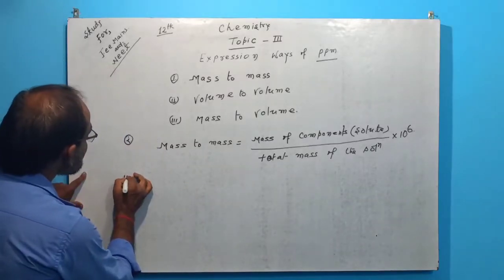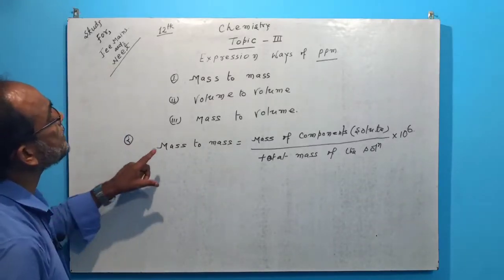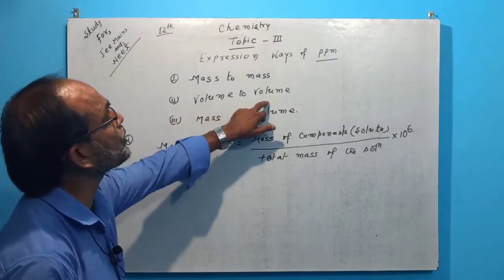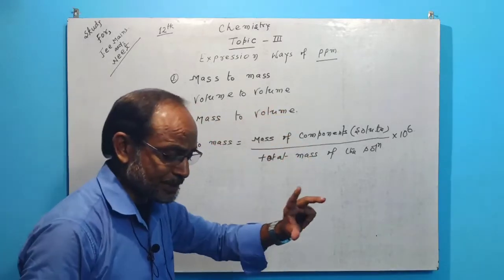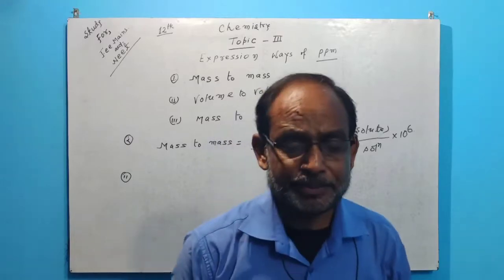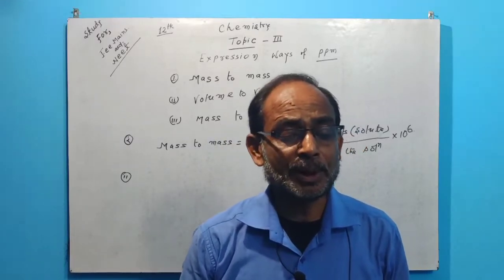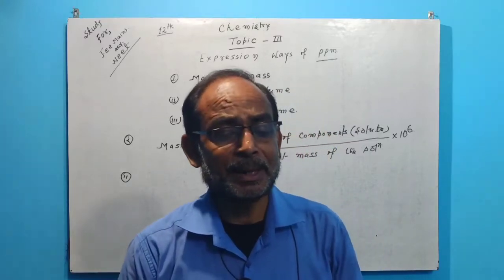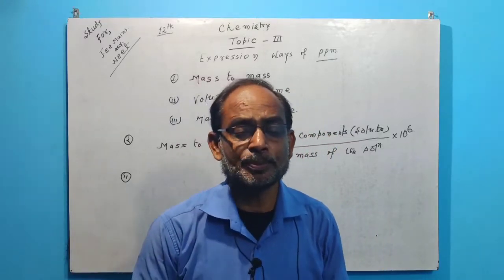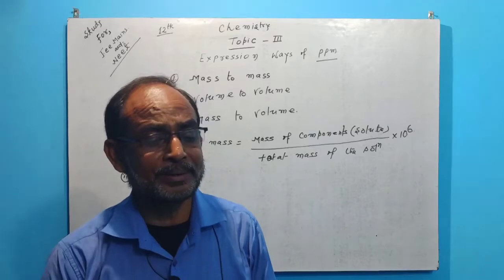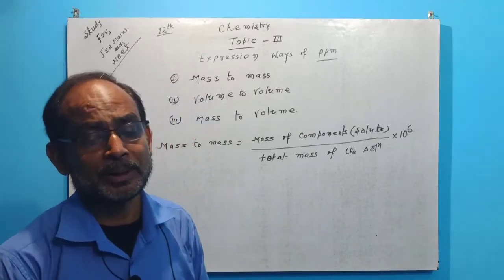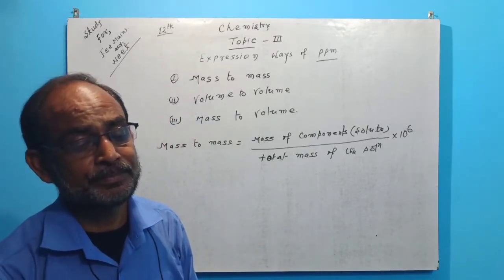Point two, that is the volume to volume. It can be derived as the millionth times of the ratio of volume of component and total volume of the given solution.